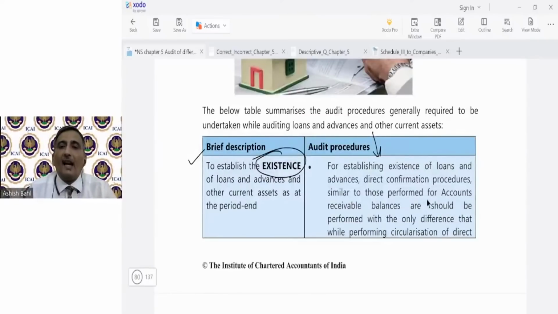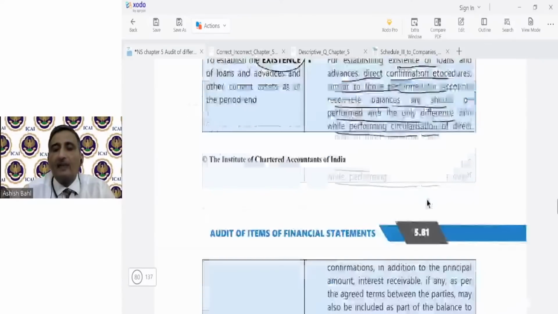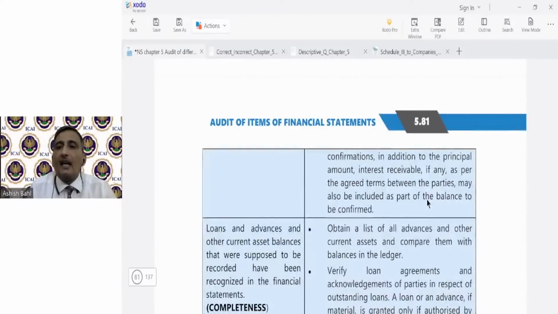So for establishing existence of loans and advances, direct confirmation procedures similar to those performed for accounts receivable should be performed, with the only difference that, in addition to the principal, interest receivable as per terms between the parties should also be included as part of the balance to be confirmed.